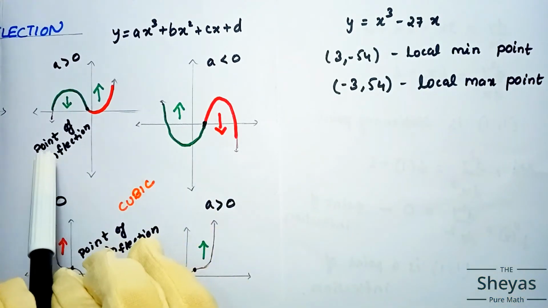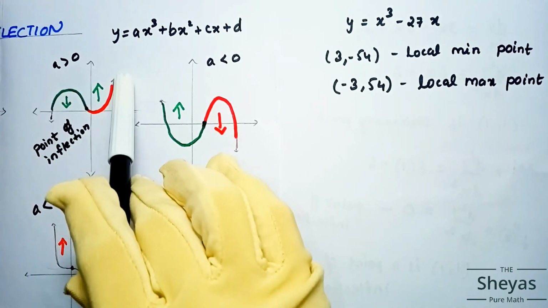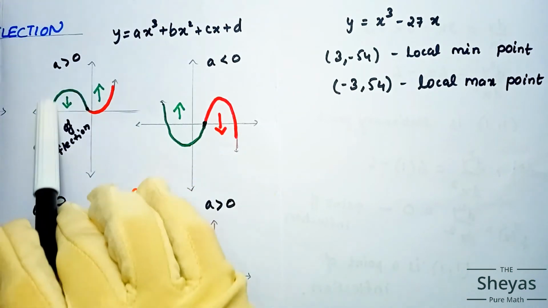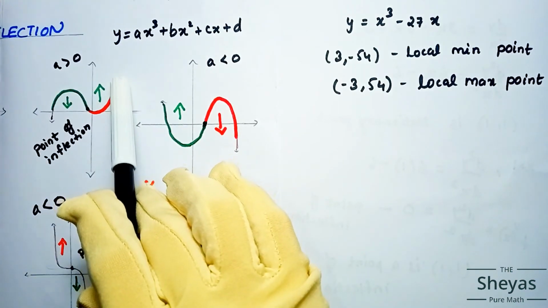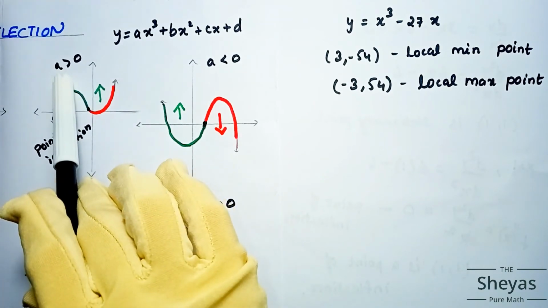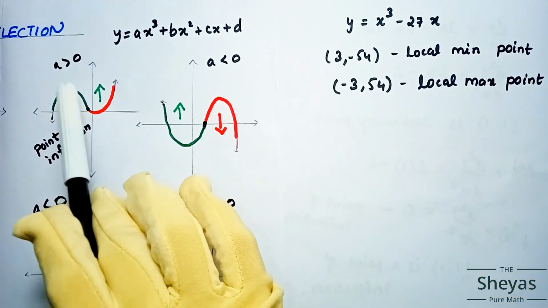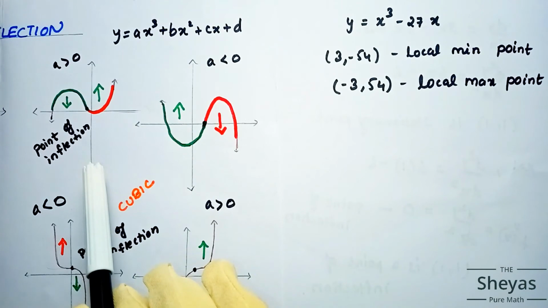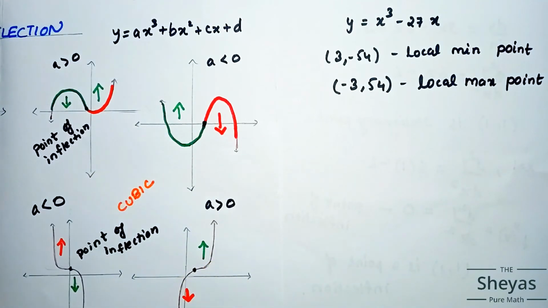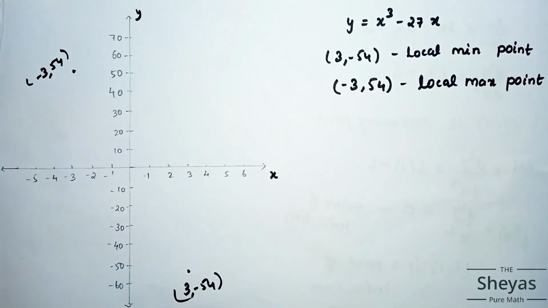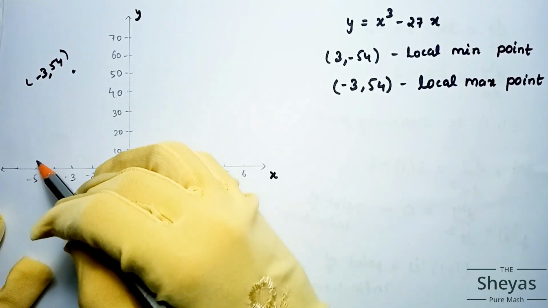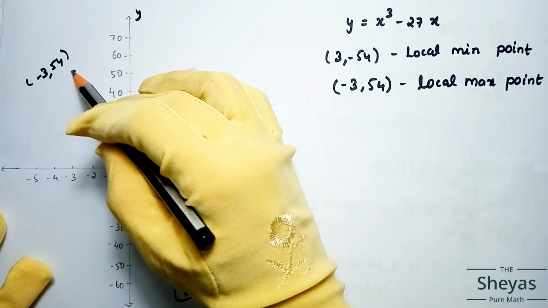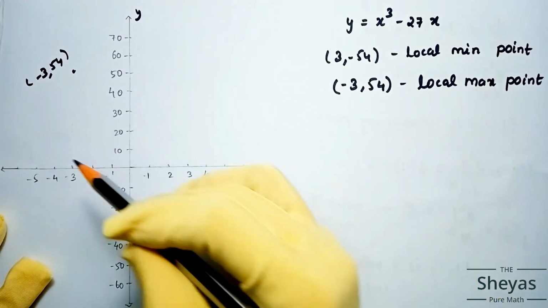So our graph looks like this way. Okay. So our graph looks like this because a is greater than 0, and it has a local maximum and a local minimum point. So with these points we can sketch the graph. So our graph looks this way. Okay.